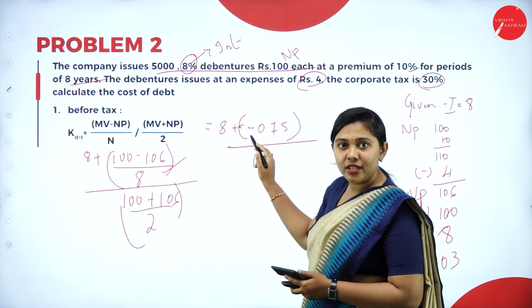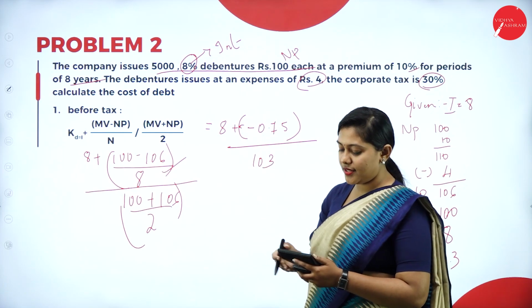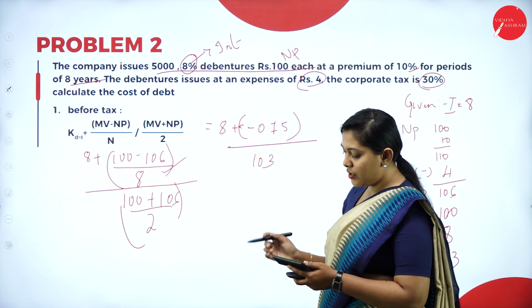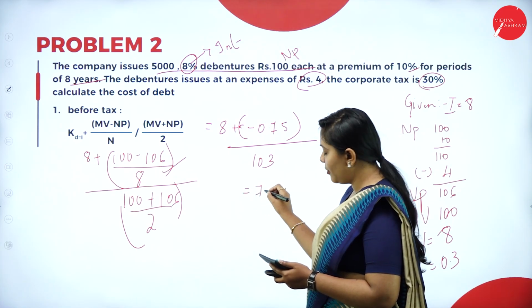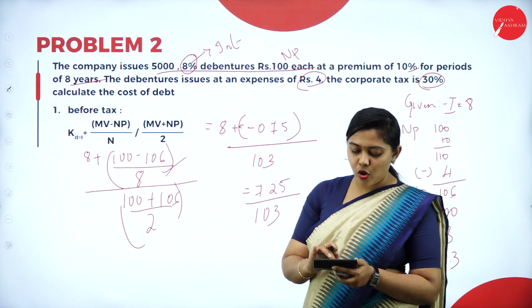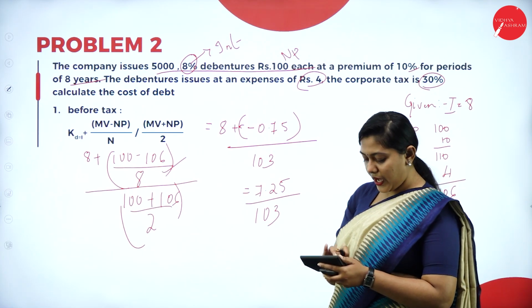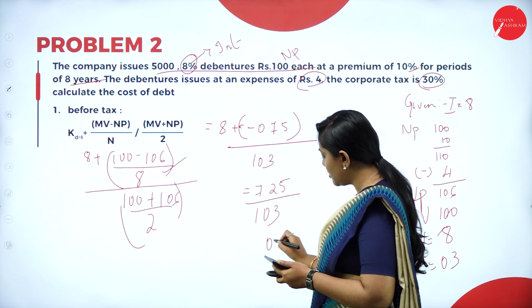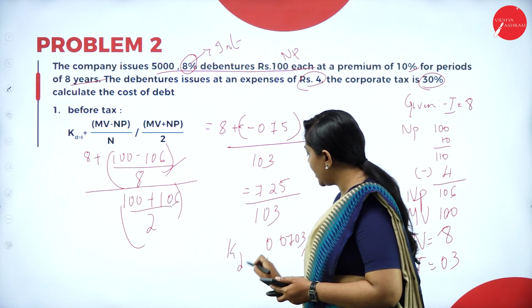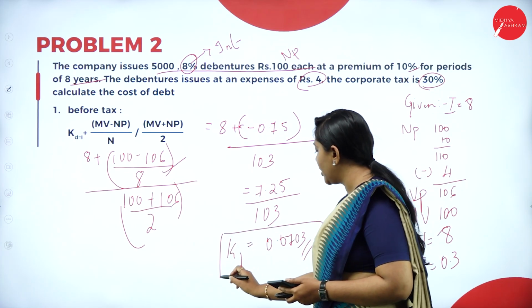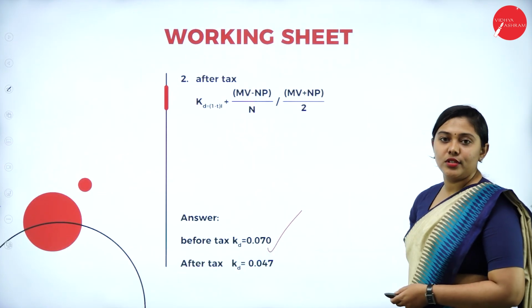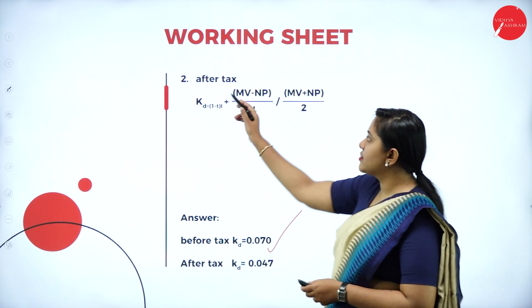Since it's a plus into minus, minus, 8 minus 0.75, the value we get is 7.25 divided by 103. So 7.25 divided by 103, the value you get is 0.0703. So what is this? Cost of debt before tax, redeemable. Answer 0.070 is the answer. Now let us solve after tax.